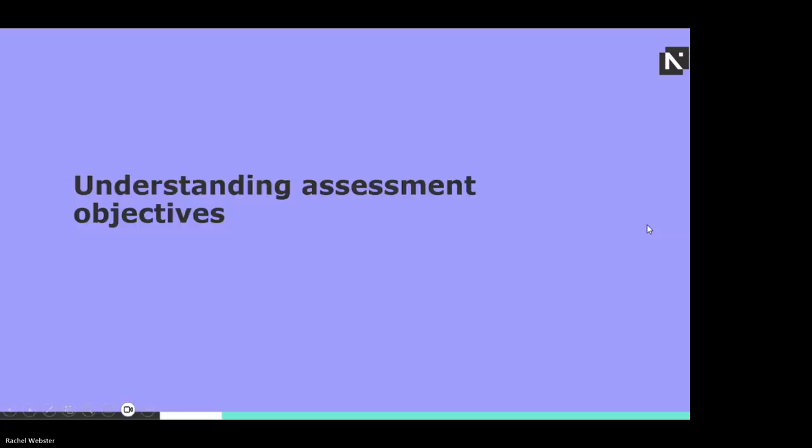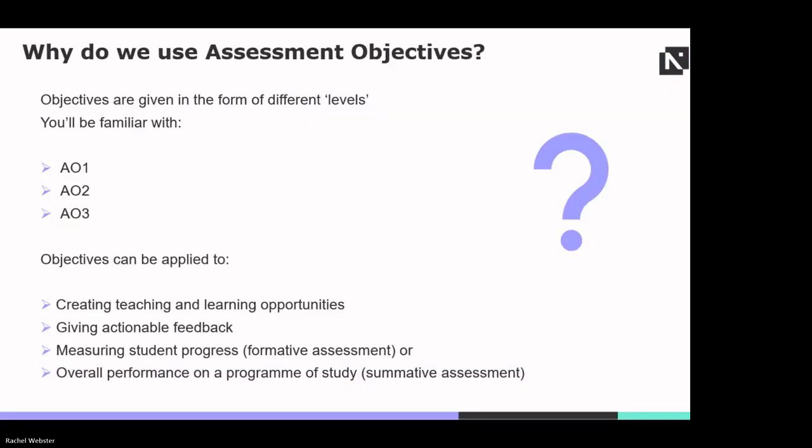Okay, so the next slide is we're going to discuss why we use assessment objectives. Assessment objectives are given in the form of different levels, and I'm sure you're all familiar with AOs 1, 2 and 3. You'll have seen these appear in your exam papers, sample exams, and in mark schemes. Whatever qualification you're doing, particularly with NCFE, you will see these assessment objectives in those terms.